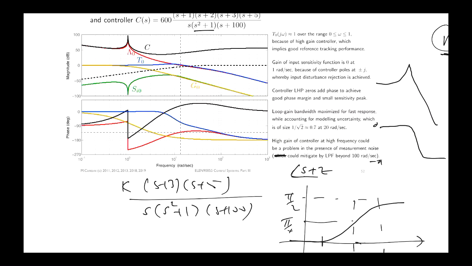So we often do things like this in control system design: add poles and zeros to the compensators to shape the open loop transfer function in order to get the right crossover frequency, high gain at the right frequencies, and the right phase margin. This is loop shaping design, or an example of it.